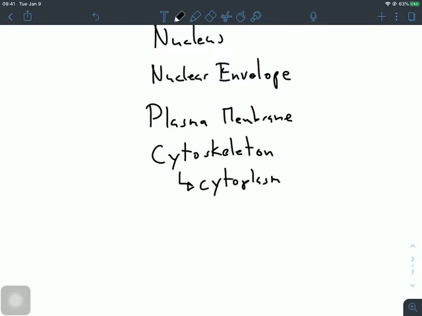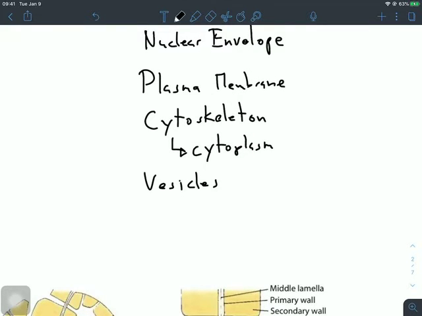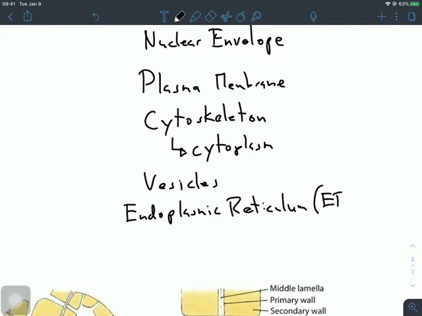Both plants and animals also have small compartments, small bags to move things around. We call those bags vesicles. And these bags are made in something called the endomembrane system. The endomembrane system is the combination of two major organelles, the endoplasmic reticulum, or forevermore, the ER, and the Golgi body.